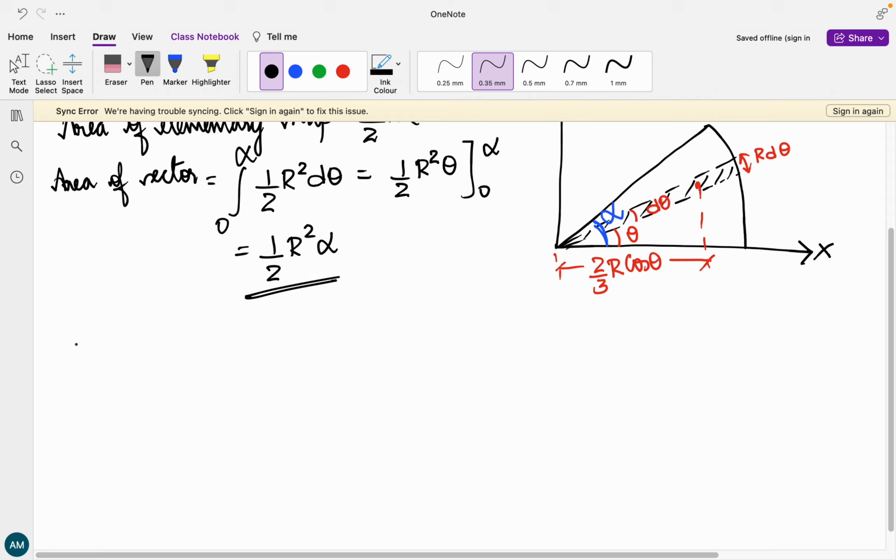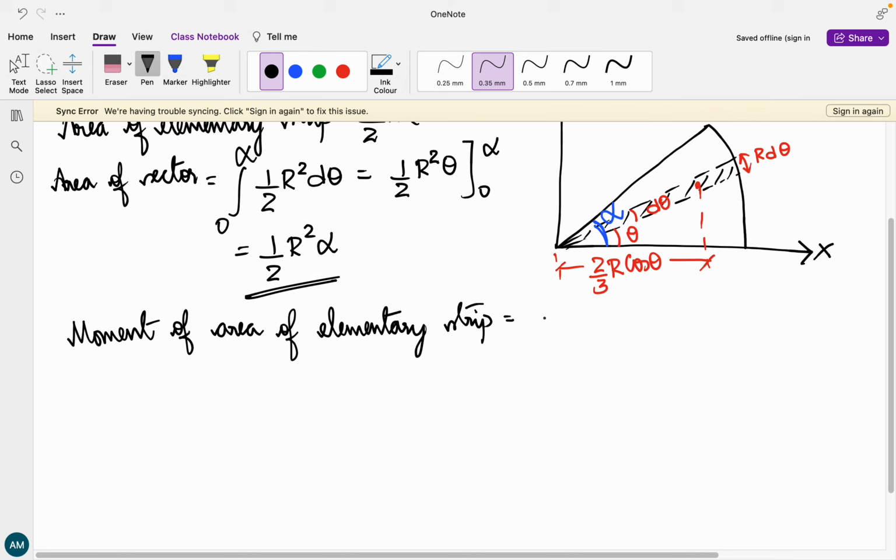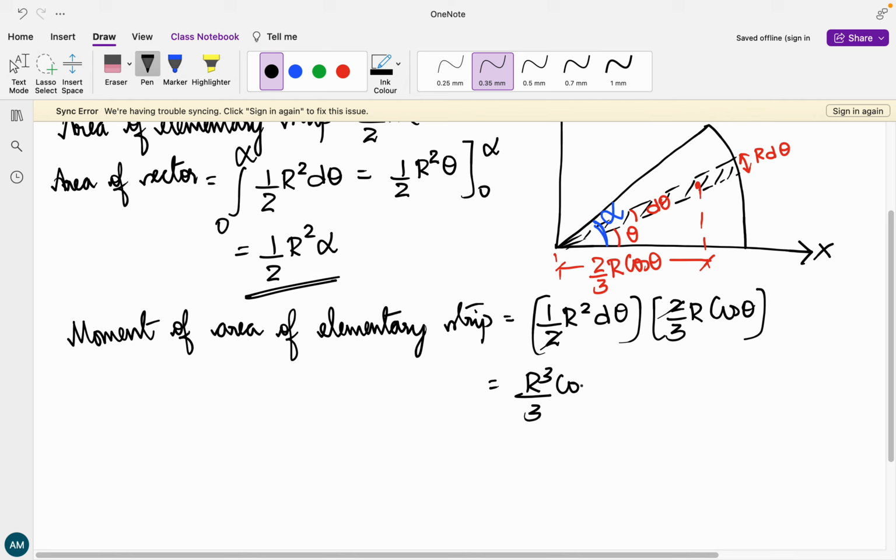So after this we are going to consider the moment of area of the elementary strip. I need to first write down the area of the strip, which is half r square d theta, followed by the perpendicular distance, which is 2 by 3 r cos theta. 2 gets cancelled, then it is r cube divided by 3 cos theta d theta.